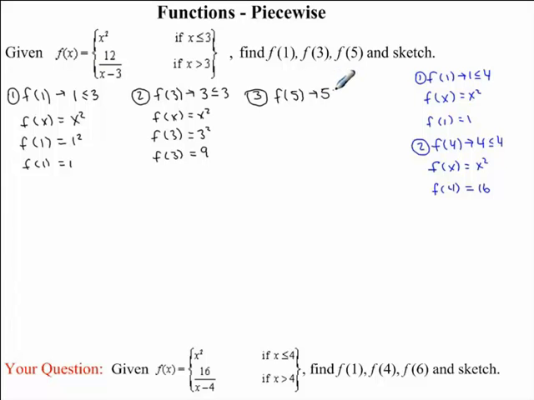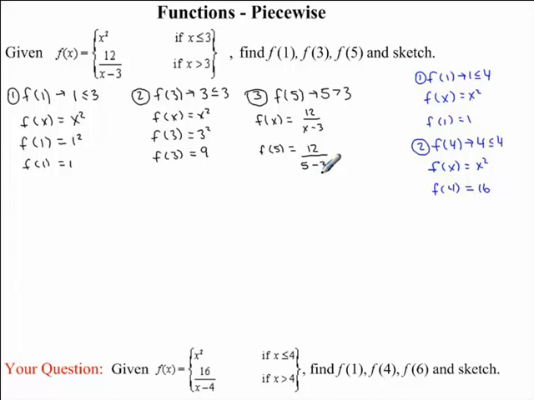So again, we have 5 is greater than 3. So we're going to use our function f of x is equal to 12 all over x minus 3. Evaluating when x is equal to 5, we'll find that f of 5 is equal to 12 over 5 minus 3.